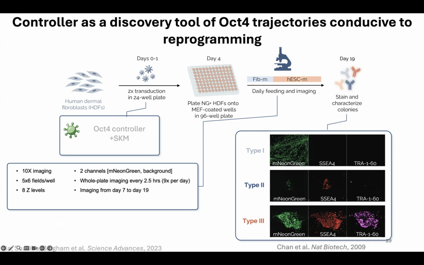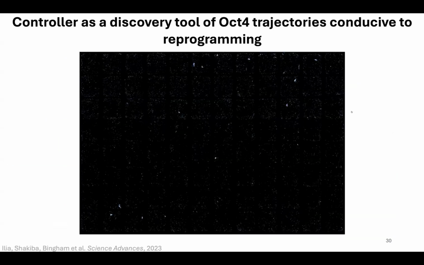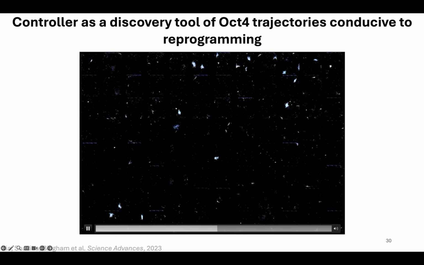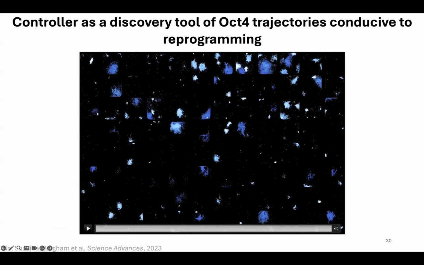Type 1 and type 2 are still pluripotent stem cell colonies, although they are not considered the top quality colonies. This is just a movie. These are wells in which you see our controller in action while these colonies are getting formed. And this is the time course of 21 days.